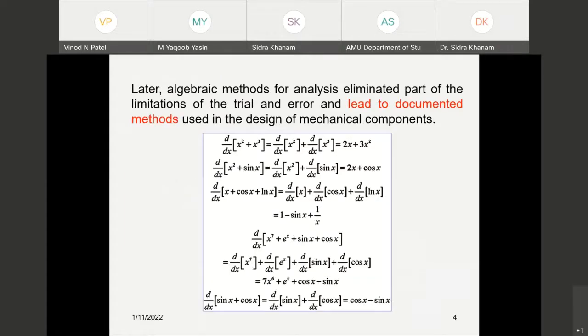Later on, with the introduction of calculus methods, some documented methods were computed, and based on that, people derived a number of equations. They used differential equations to understand the rate of change of displacement, velocity, and other things, and based on that, a particular kind of design was done.